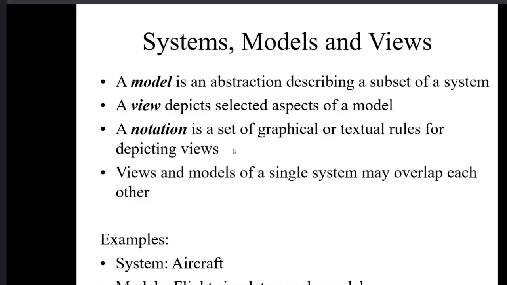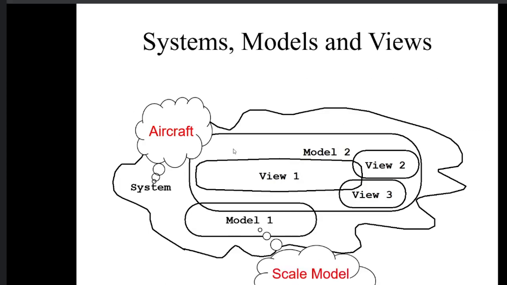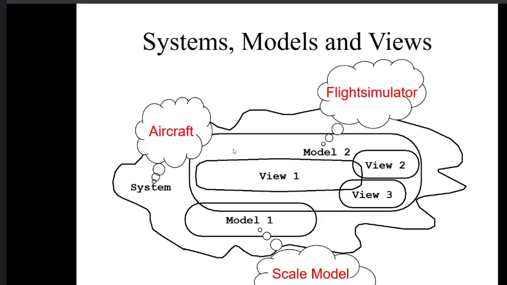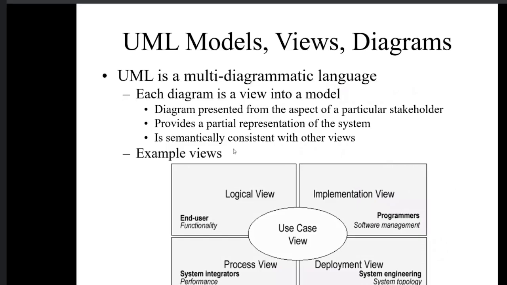They can be considered as separate views. Suppose this is your system, the aircraft, then these are the modules: a scale module and a flight simulator module, and they will have certain views, like the blueprints and electrical wiring and other things.